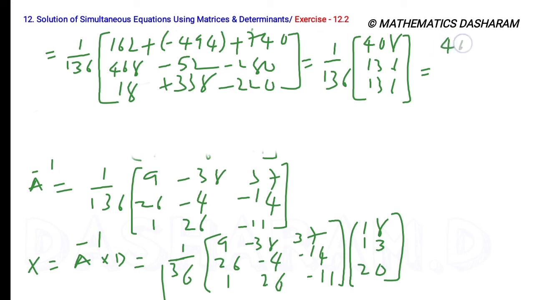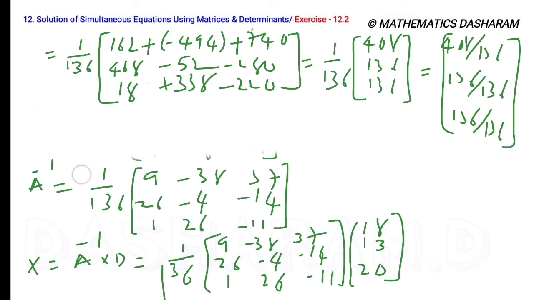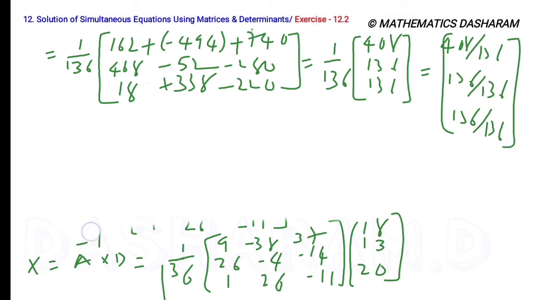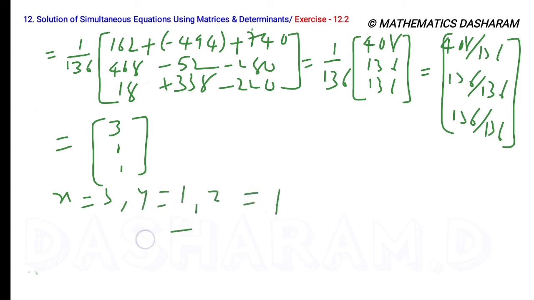So here 408 by 136, 136 divided by 136, 136 divided by 136. Now here 408 divided by 136 equals 3, and here 1, 1. So the required answer is X equals 3, Y equals 1, and Z equals 1.